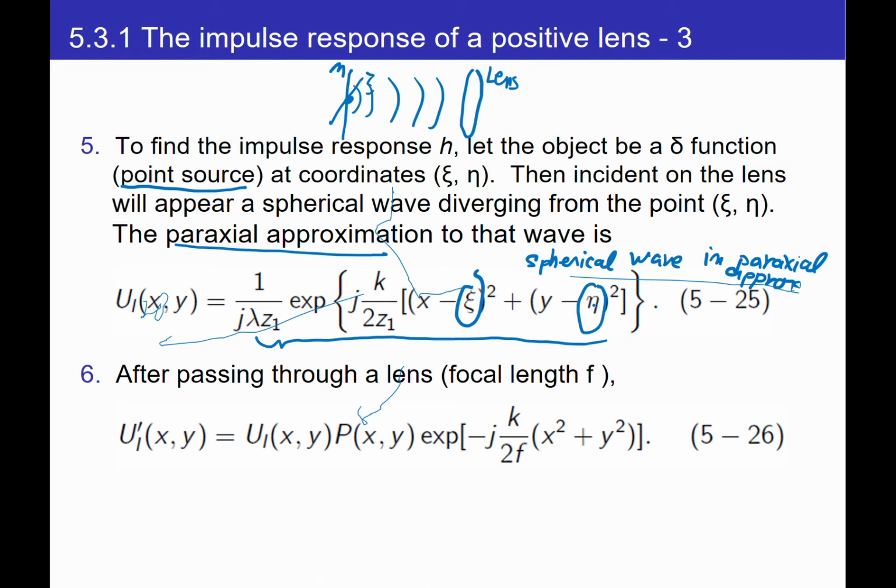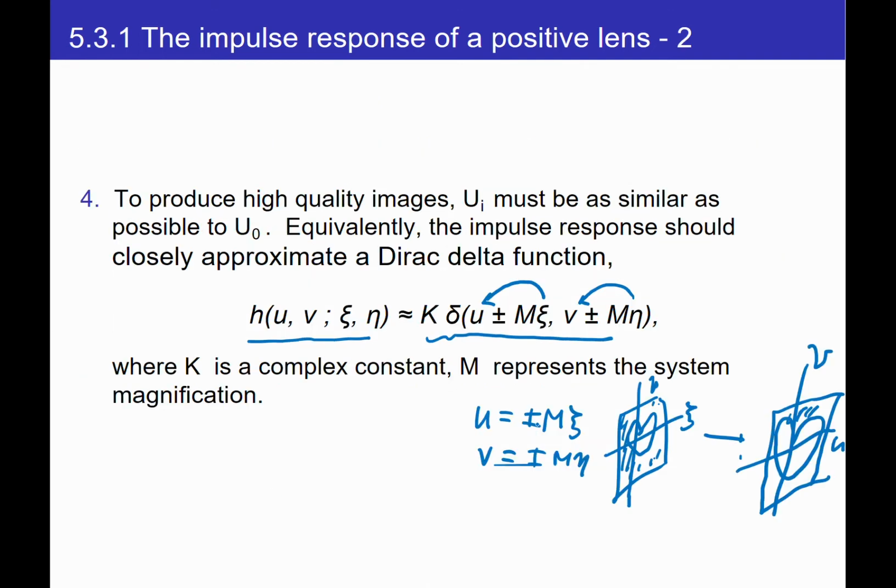After passing through the lens of focal length f, we have ul prime, which is given by ul times the pupil function with the phase changes within the lens. I'm sorry, I keep making mistakes.